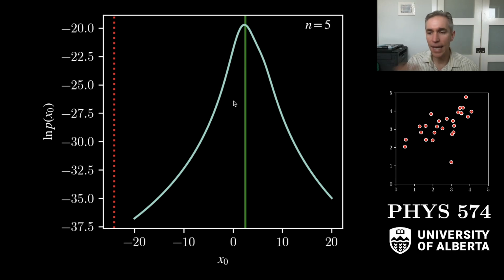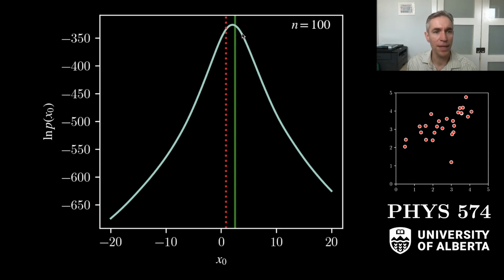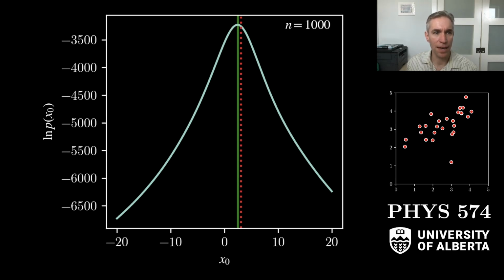So I can add progressively more data. So there's 5 points, there's 50, where our posterior is shaping up there, and where our mean is coming back to the center. 100 data, 1,000 data, it builds up there, and then that's how many data we have.